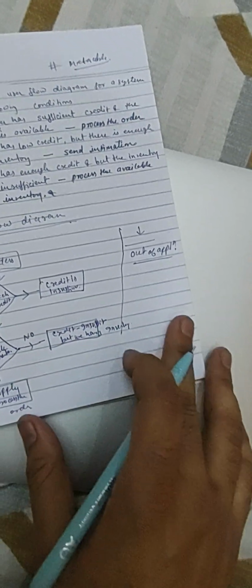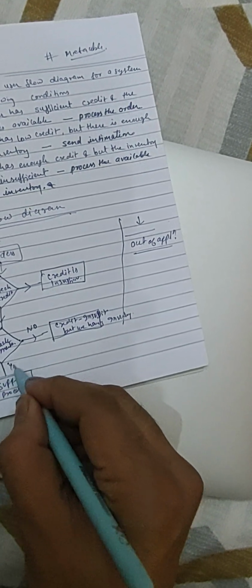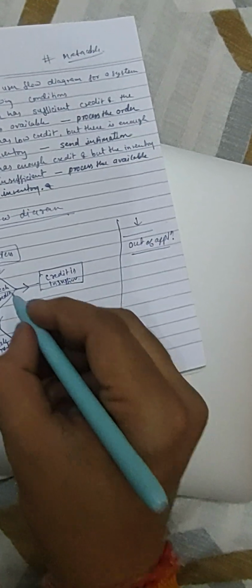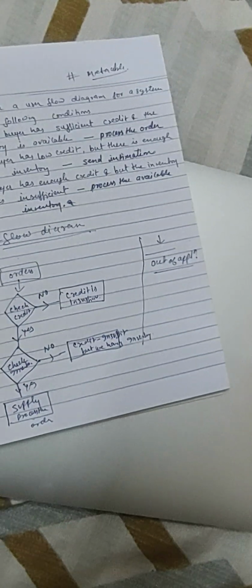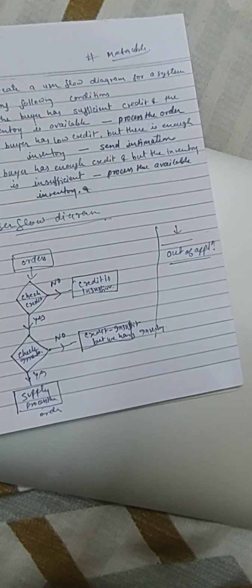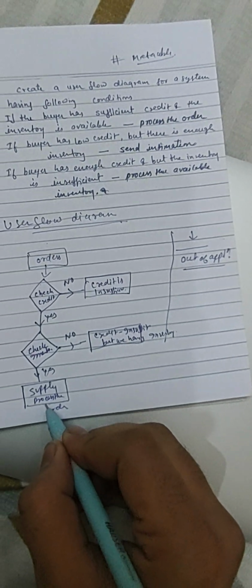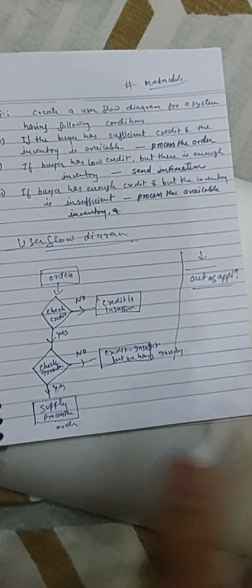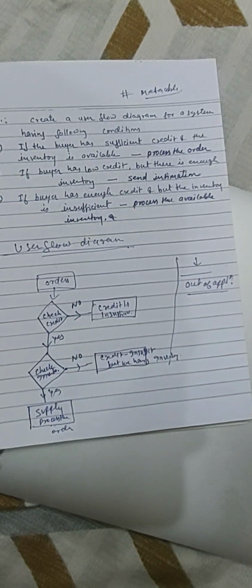Now if we are supplying the order, here we have to write no, here we have to write yes. So this is going to be our flow. When we are processing this, we have to check whether we have enough inventory that the user requested.